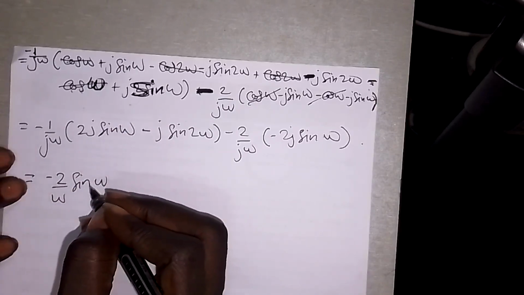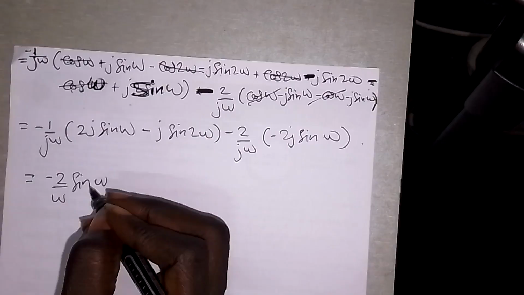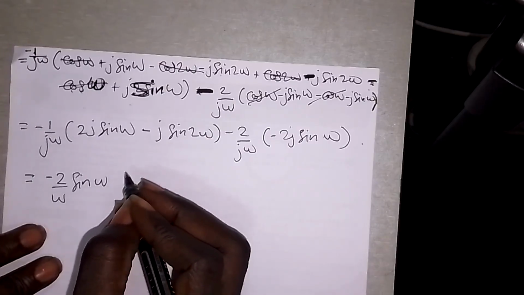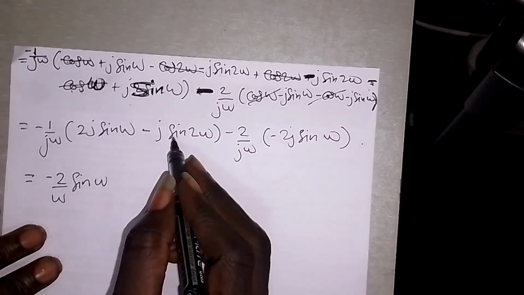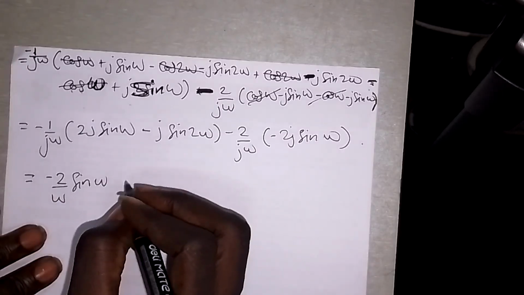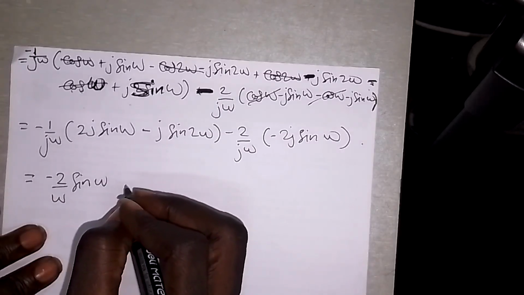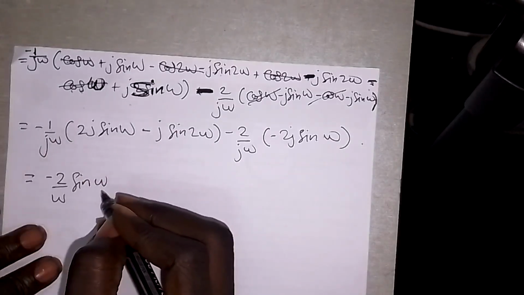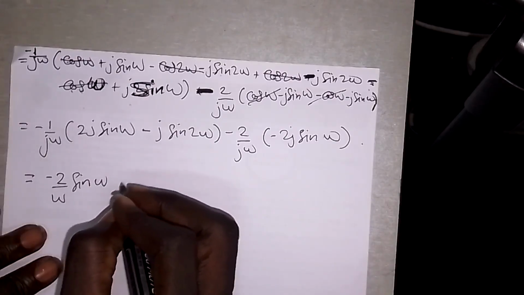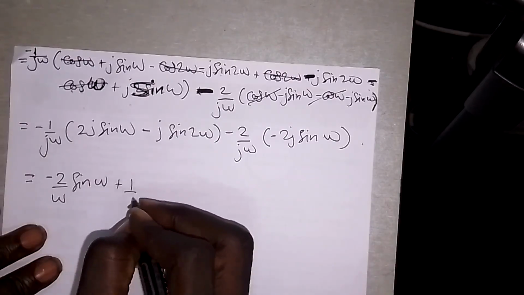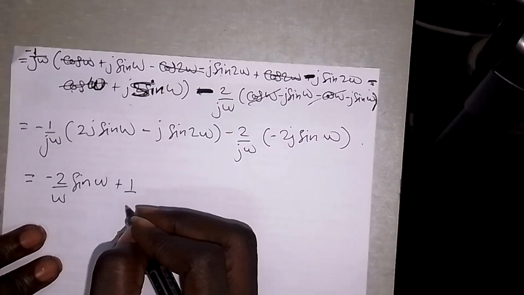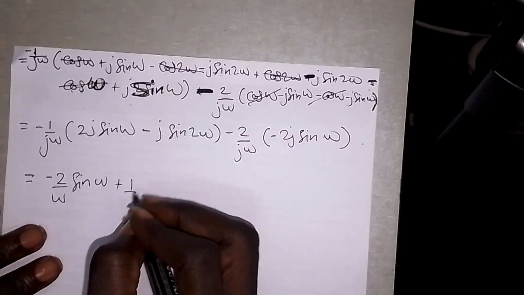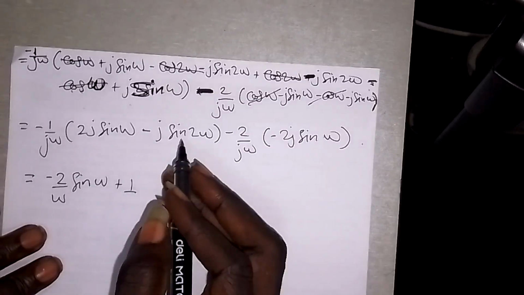Then this one multiplied by this one, this will cancel this one, so I'll have plus 1 over omega.